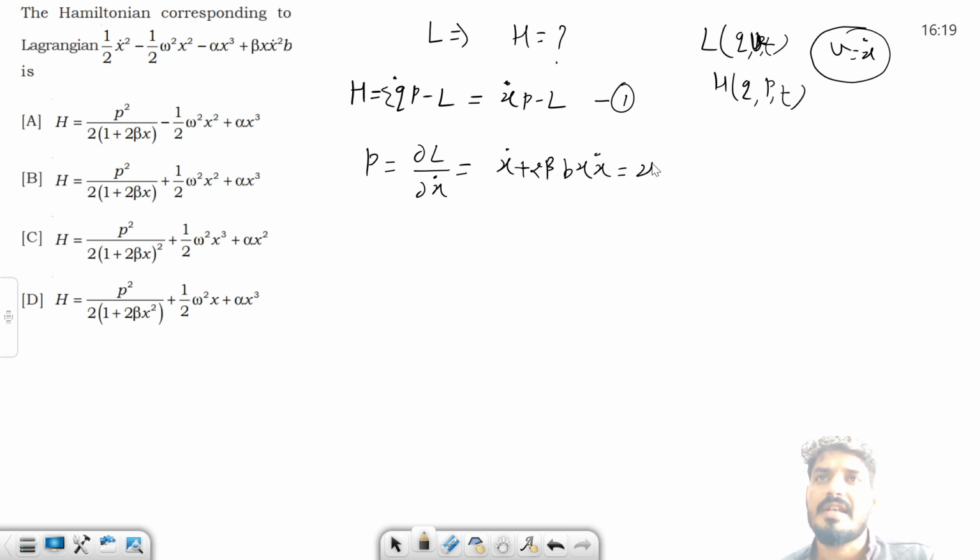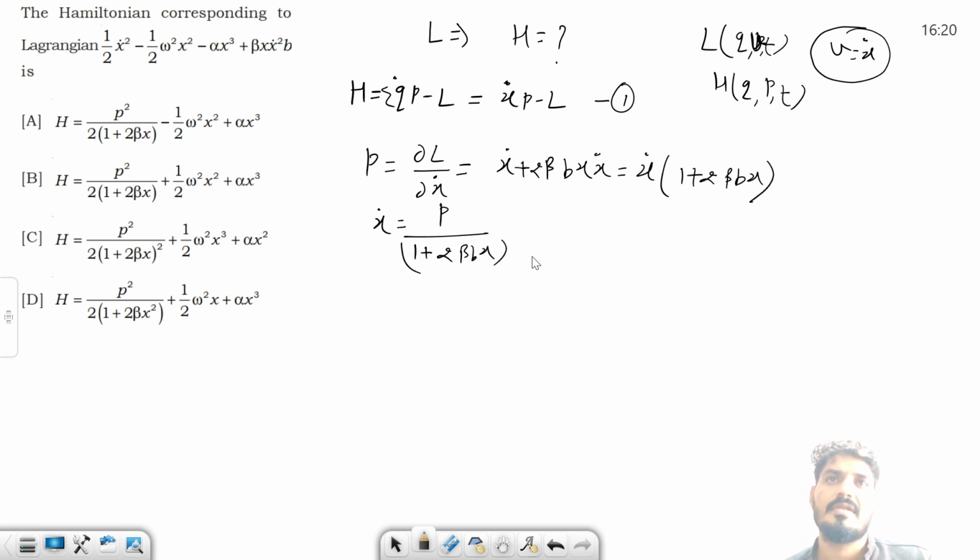So can I say that x dot I can take common? This is (1 plus 2 beta b x) x dot. Fine. So what is x dot from here? I can say this is p over 1 plus 2 beta b x. This is the x dot. So I can put the x dot in equation 1.